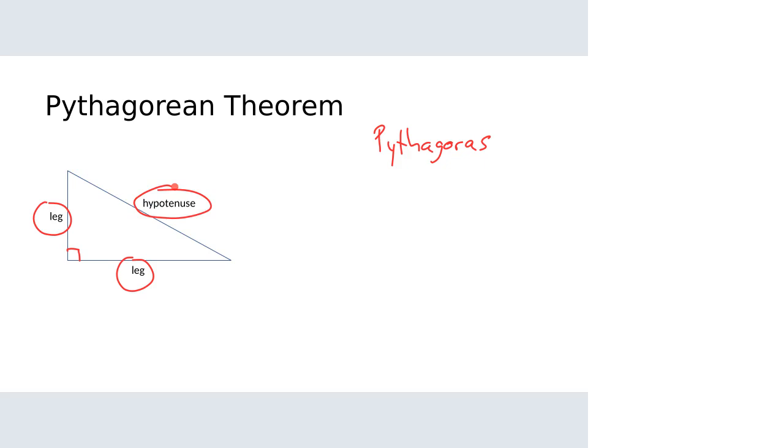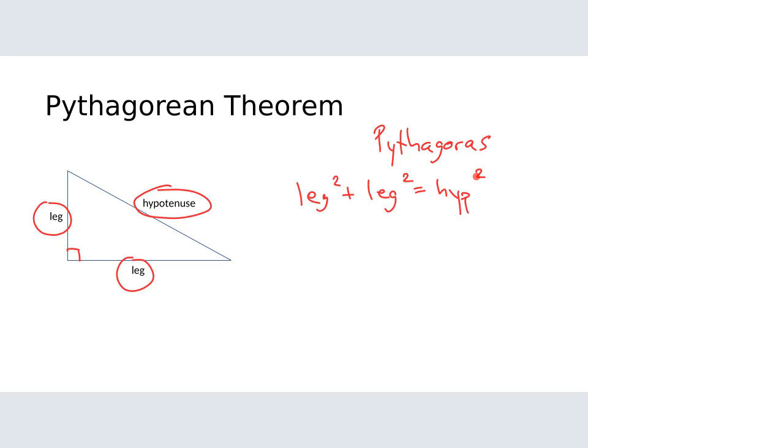So we have those pieces of our right triangle. And the way that I'm going to express the Pythagorean theorem is leg squared plus leg squared equals hypotenuse squared. It takes a little bit longer to say than a squared plus b squared equals c squared.